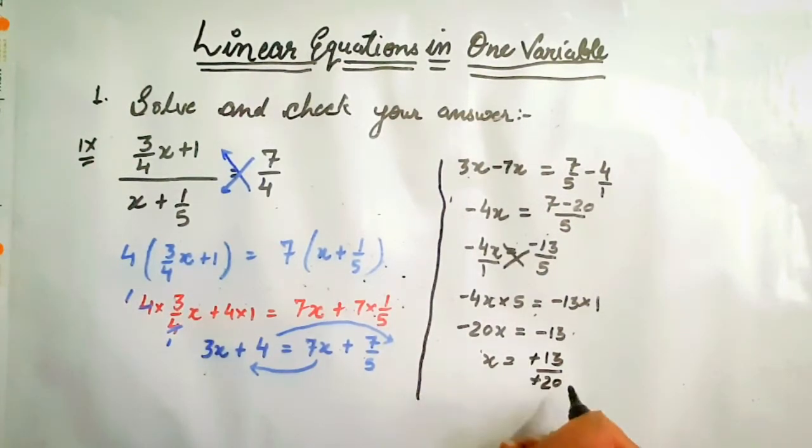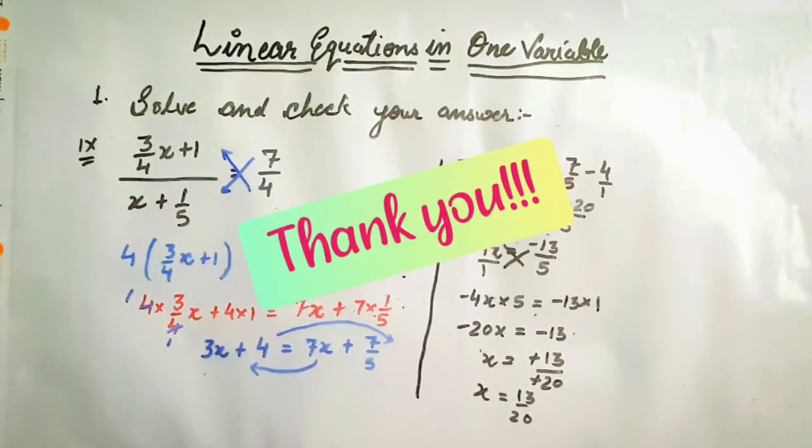So the answer is x equals 13 upon 20. Now check this yourself whether it is correct or wrong. Thank you and have a nice day.